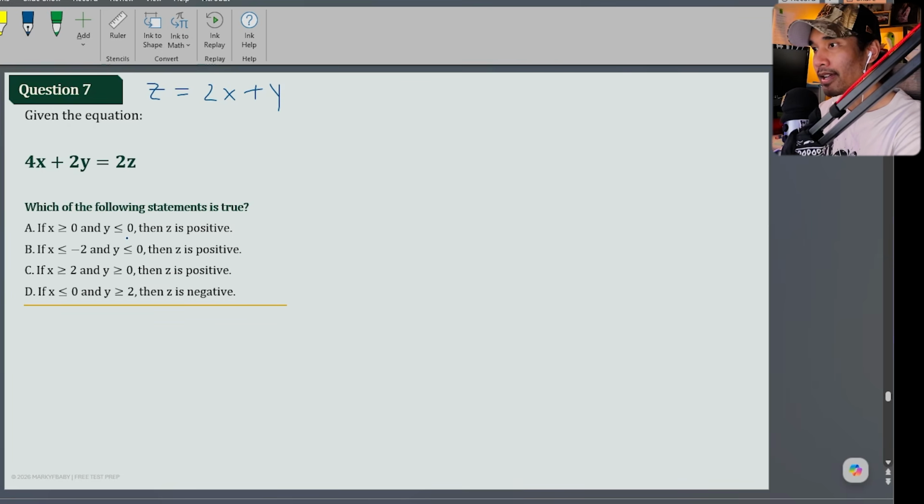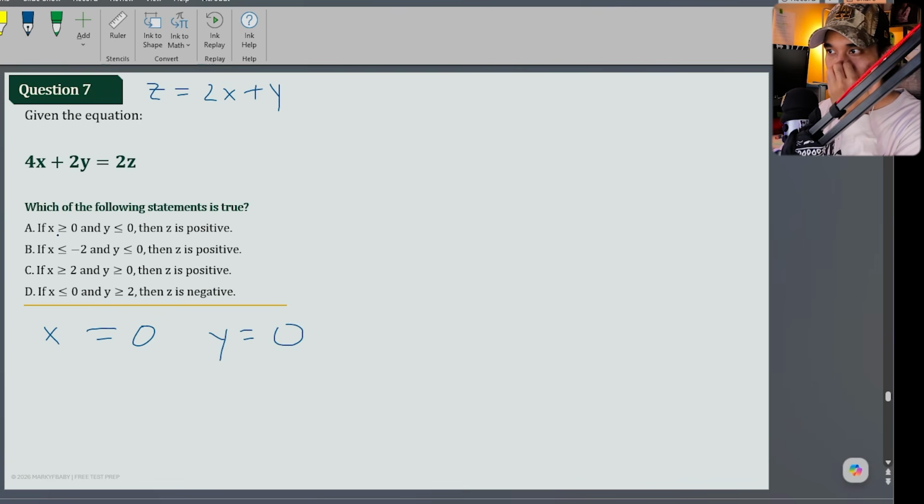So when I said pick easy numbers, that may or may not always work. I am going to choose x equaling 0 and y equaling 0. Why did I choose those numbers?